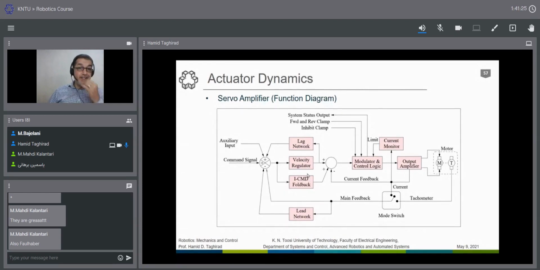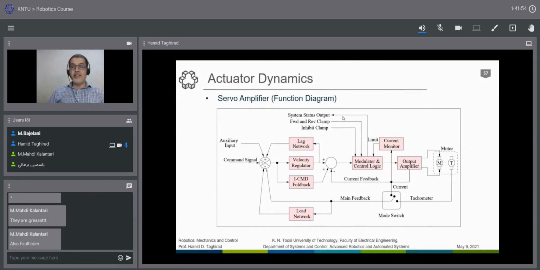And if you are in the practice of building a driver with a PWM system, usually students are quite familiar with it. We usually have an inhibit clamp. We can have some inhibition. We can have forward and reverse clamps to make sure that the motor is running in one direction, or you can move it back and forth.